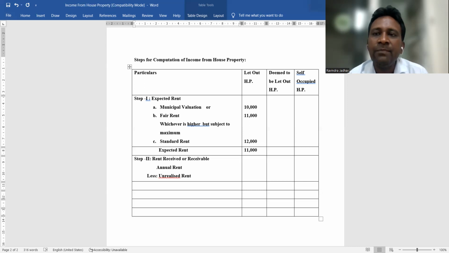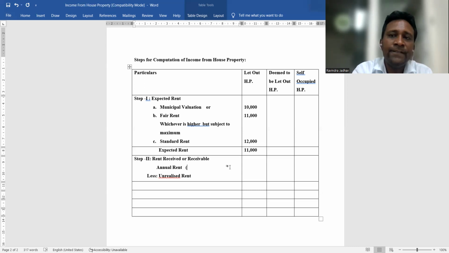And that particular person is not able to repay the rent of some months to the owner of the property or income holder. Such a rent which is not received by the owner of the property is called the unrealized rent.